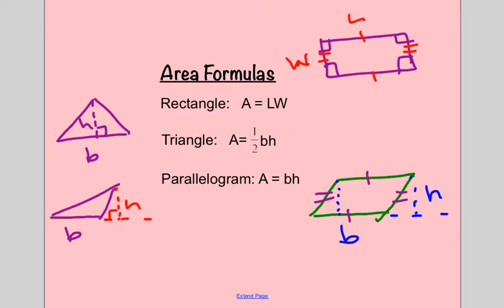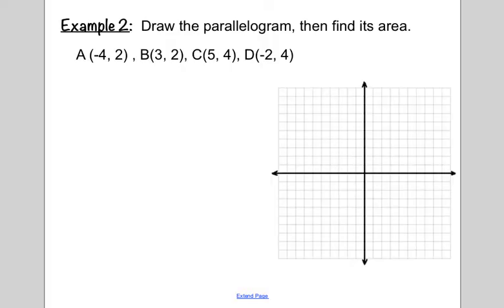Okay. Example 2 says draw the parallelogram, then find its area. So I plot my points. Negative 4, 2. Then I would have 3, 2. So 3 to the right and up 2. So I have A and B. And then C is 5, 4.